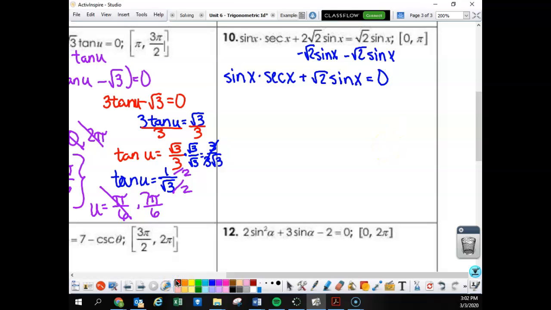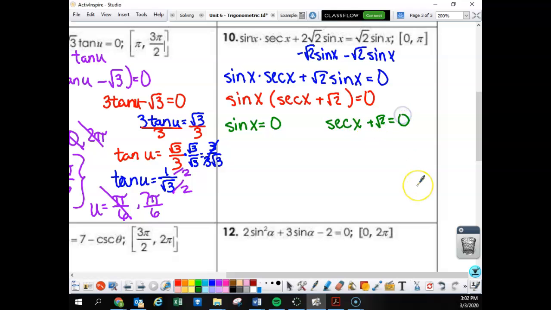All right, so they both have a sine in common, so I'm going to factor out a sine. So sine of x times secant x plus the square root of 2 equals 0. So I want sine of x to equal 0, or secant x plus the square root of 2 to equal 0. Alright, so that's because of the zero product property.